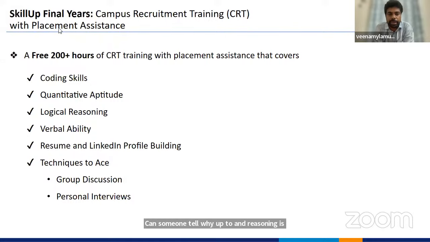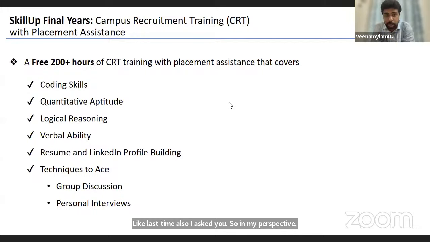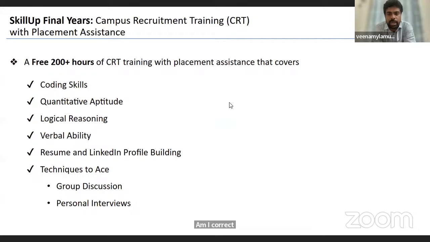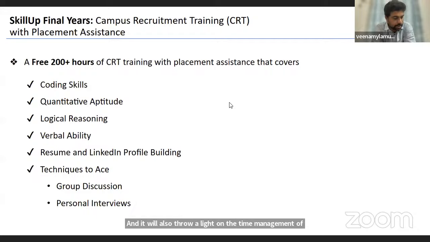In my perspective, aptitude and reasoning is mostly for analyzing your logical thinking skills. Am I correct? And it will also throw light on your time management. Am I correct or not?